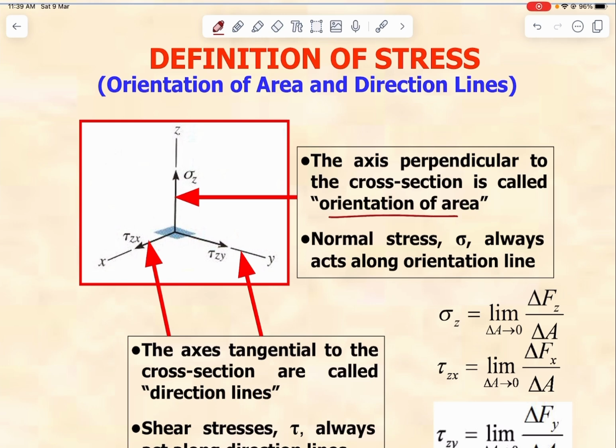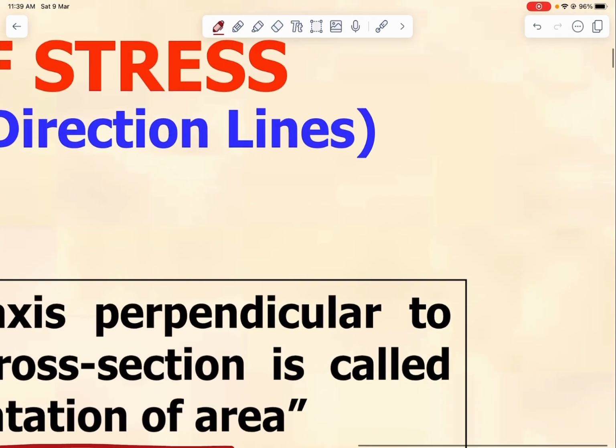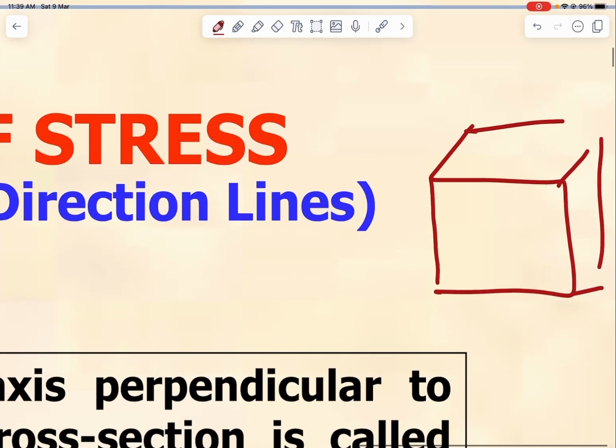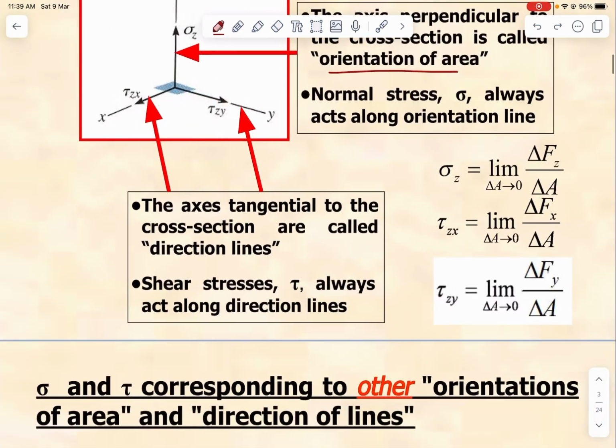Normal stress always acts along the orientation of this line. So the normal stress, if I have this box, is always perpendicular to the area.